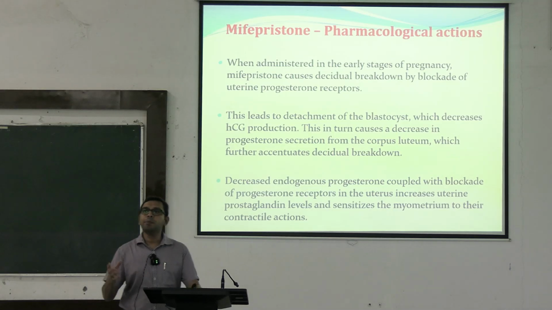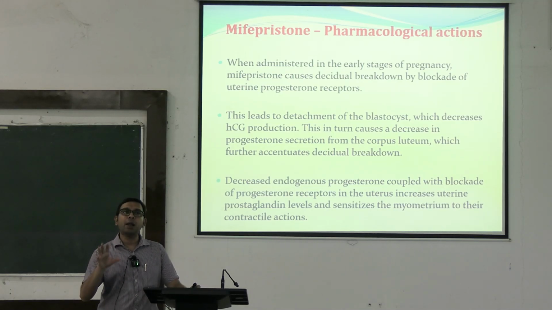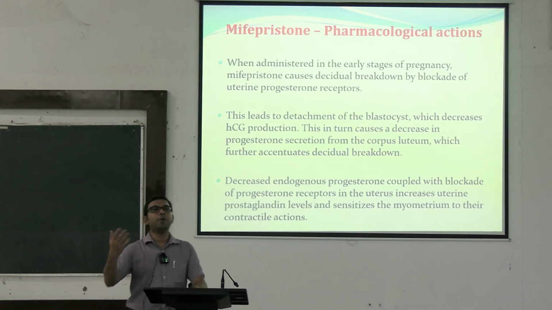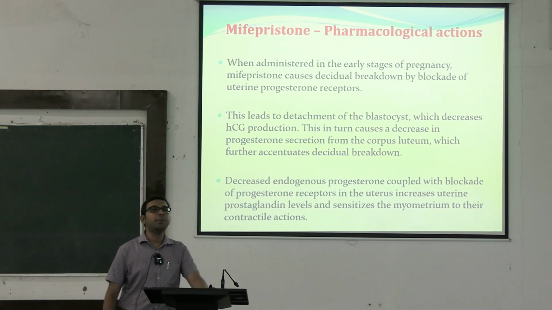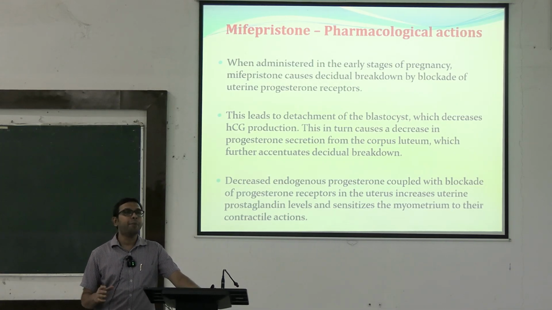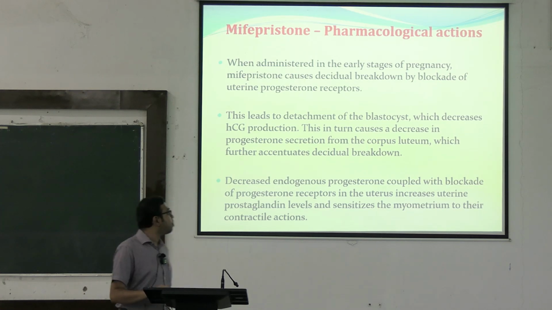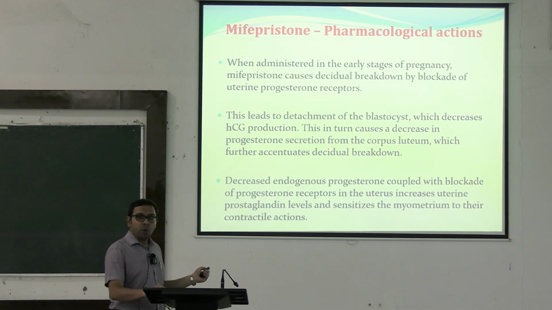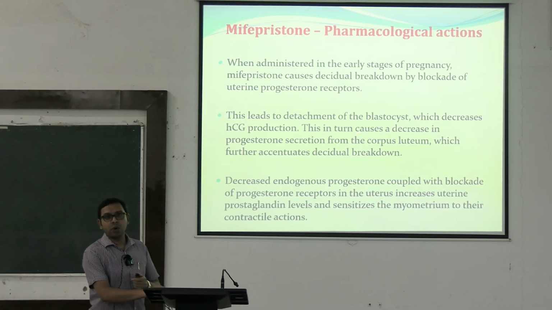Already we have seen progesterone is needed for the maintenance of the pregnancy. So where can an antiprogesterone be used? It can be used as an abortifacient agent, that is, for abortion in case of unintended pregnancy. Ultimately, when these are used, they are blocking the progesterone receptor.